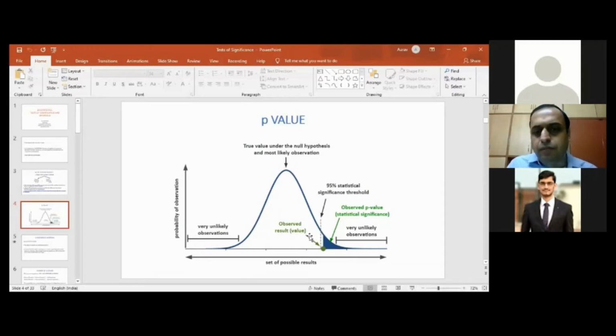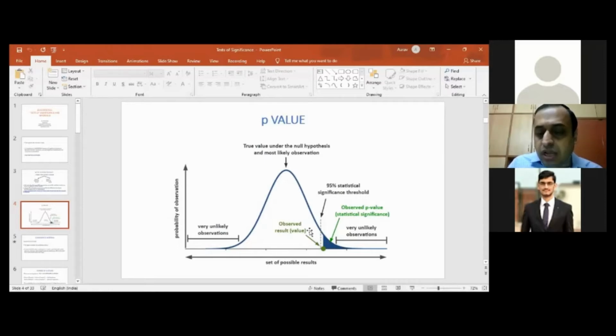Suppose I have an 11th sample. All these 10 means are here, but I take out a sample and measure the hemoglobin, and it gives me a mean value. But that mean value comes somewhere here, not in this area.